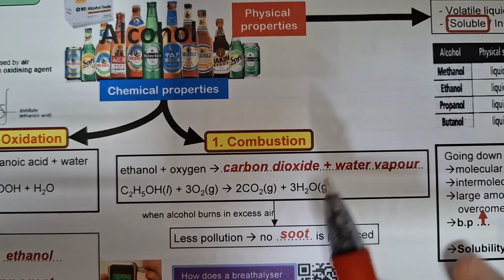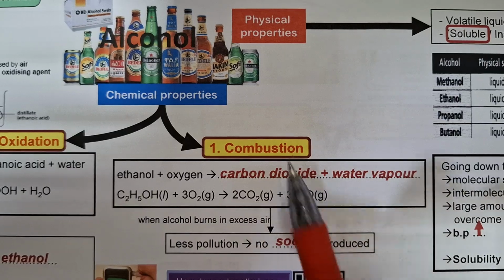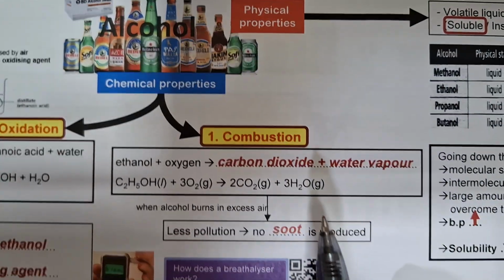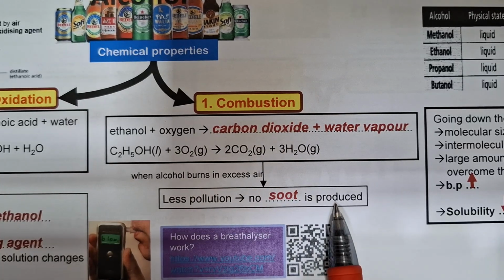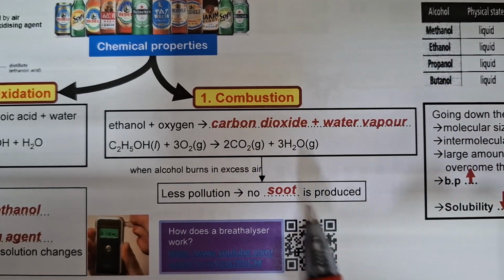The difference between the combustion of alcohol and that of alkane and alkene is that combustion of alcohol causes less pollution, so no soot is produced. Soot is basically unburned hydrocarbon.